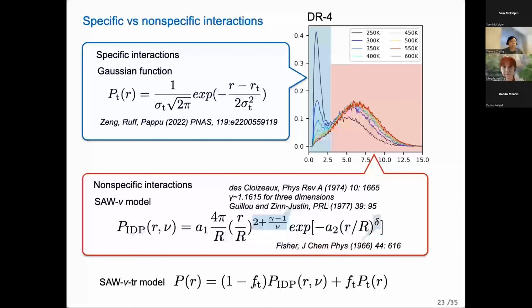And then, of course, there's a free parameter tuning the weight between these two.